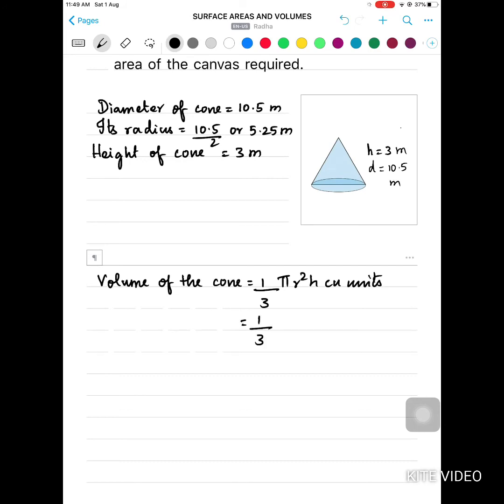So it is equal to 1 by 3 into 22 by 7 into what is radius? 10.5 by 2 into 10.5 by 2 into height is 3. This 3 in the numerator and denominator gets cancelled. 2 ones are 2. 2 11s are 22, then 7 ones are 7, and 7 1.5s are 10.5.